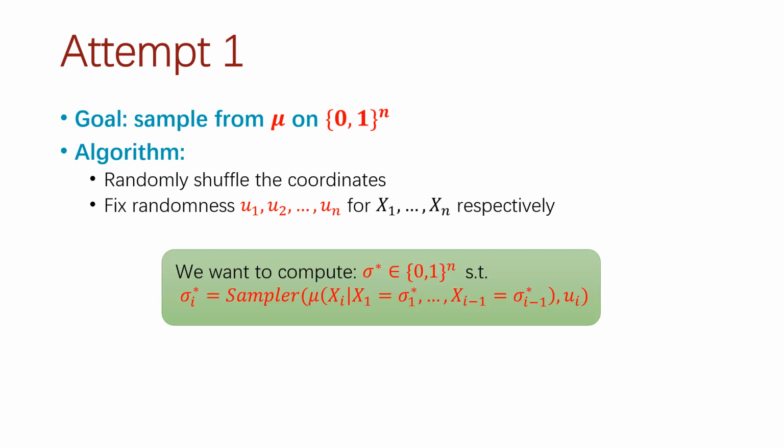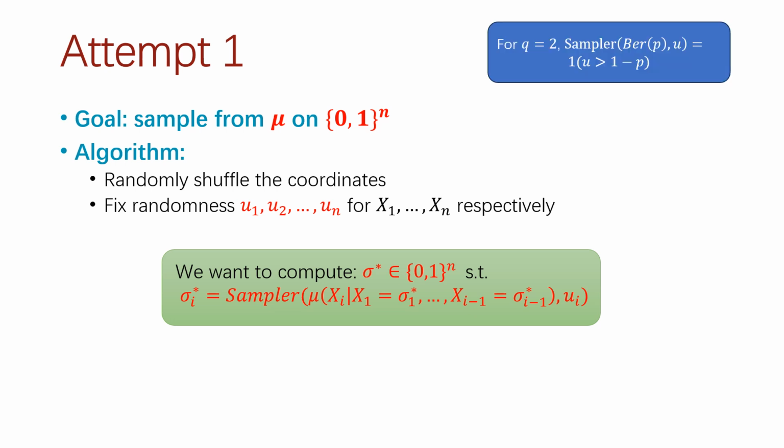Using this fixed randomness, the goal of the remaining algorithm is computing the fixed point of this dynamics: sigma star i equals applying some sampling algorithm using the randomness ui on the conditional marginal distribution of xi, conditioning on x1 to xi minus 1 equaling sigma star 1 to sigma star i minus 1.